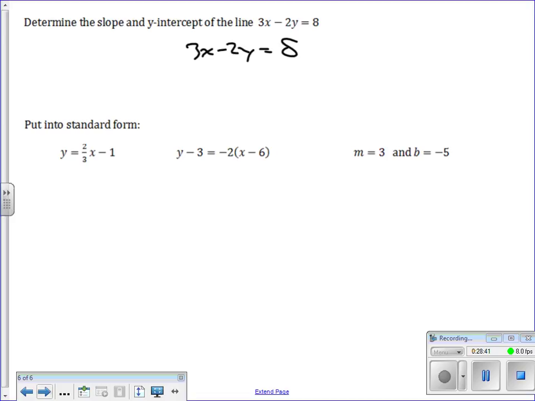Solve for y, your first step. Move the x's to the other side. Subtract 3x from both sides.